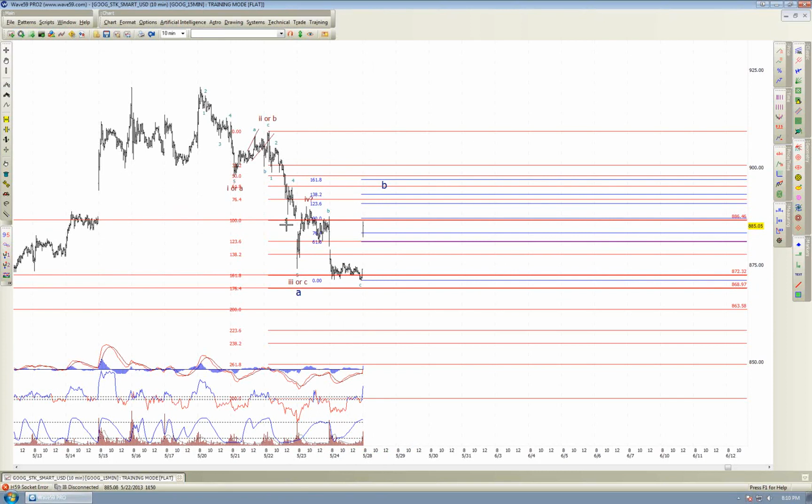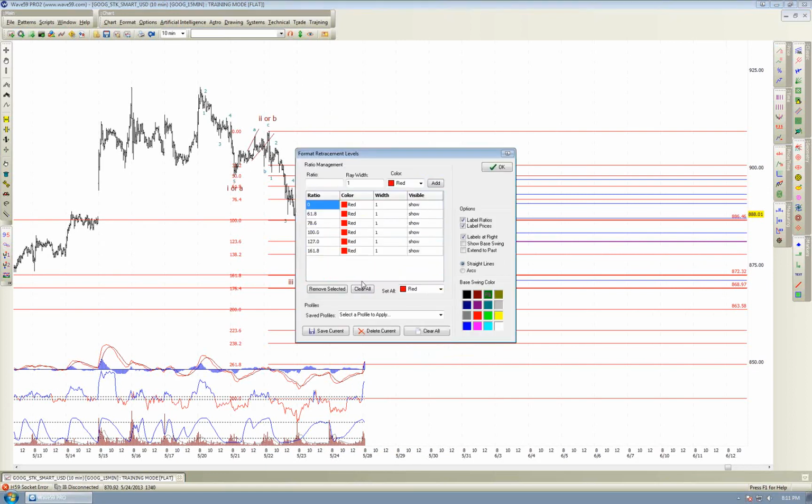So we have a nice strong move here, and I'm pretty happy that I got out of my short position at the 1618 target. If that was a 5-wave move down, then let's throw some retracement fibs on there and see what we get.